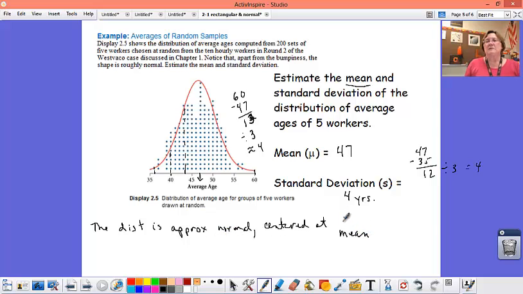Centered at about 47 for this distribution with a standard deviation of about 4. So when we describe a normal curve, those are the things we want to say. Its shape, its center, its spread, its standard deviation.